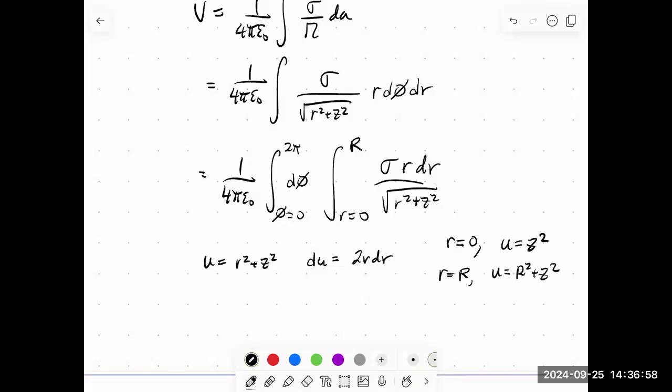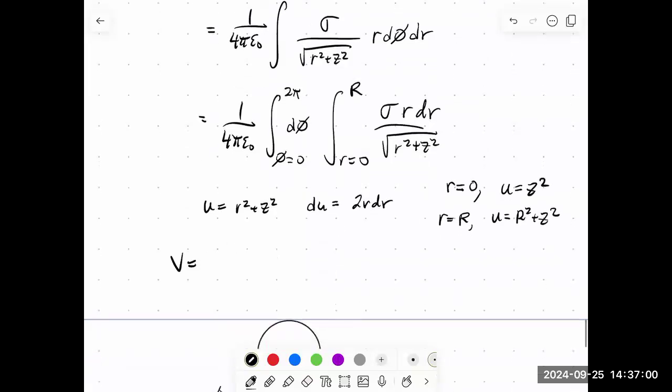Okay, so that means that our potential is going to be 1 over 4 pi epsilon naught. Well, we can do this first integral. That's just going to be 2 pi. So 2 pi divided by 4 pi is 1/2. So it's 1 over 2 epsilon naught, and then it's the integral of u equals z squared to R squared plus z squared.